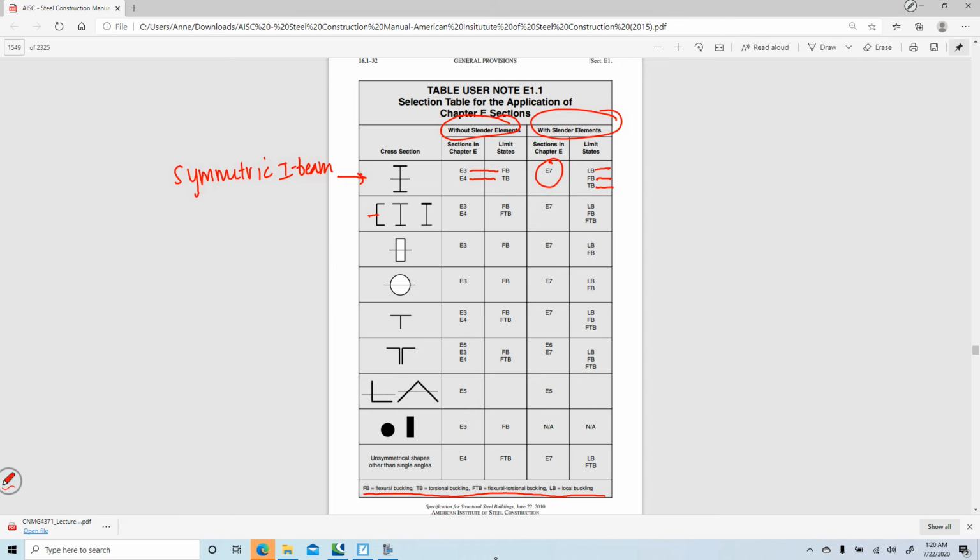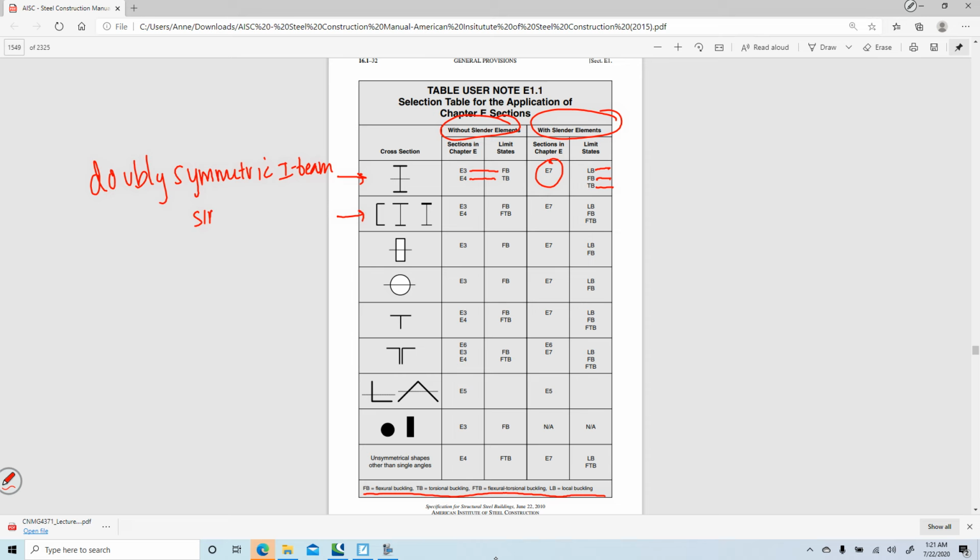This is a channel and a non-symmetric I-beam, right? Either it has 2 different flange sizes, or a really thick flange and a not as thick flange. I guess it's a doubly symmetric, that's what I'm looking for. Doubly symmetric, symmetric about the x-axis and the y-axis.